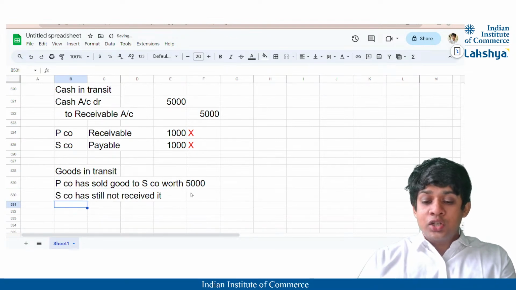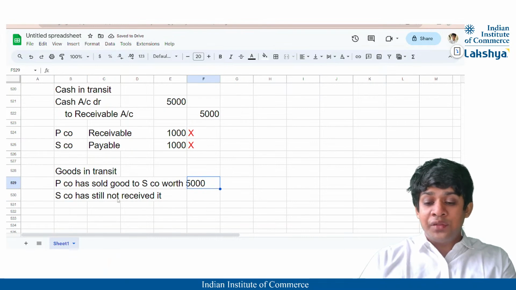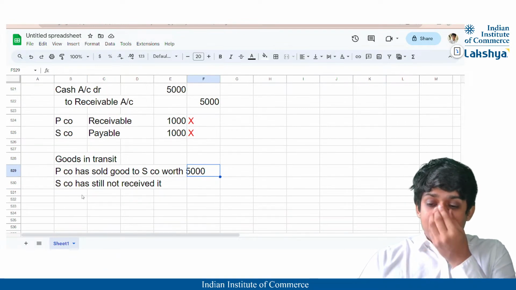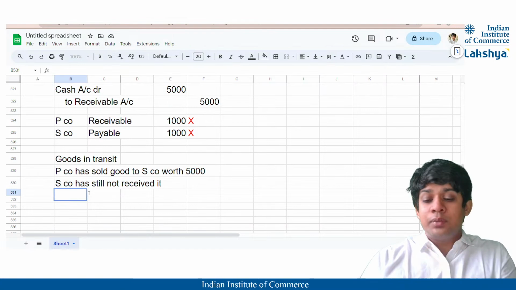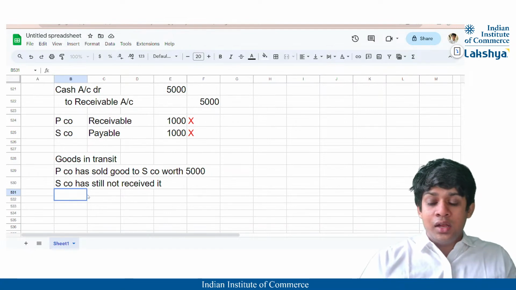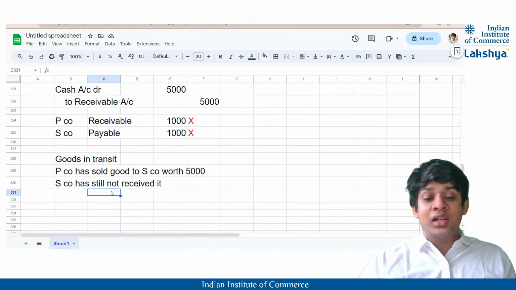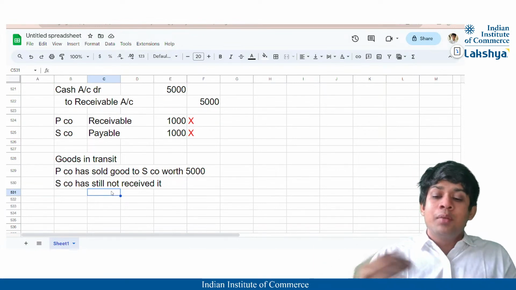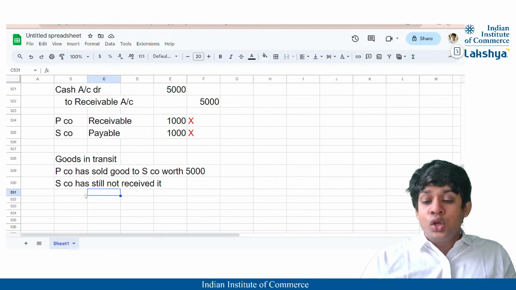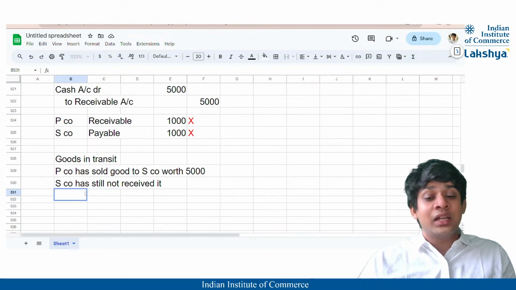So that means it should be received and it should be added to the inventory. So if it should be received and added to the inventory, what will we do? We are assuming that goods which are in transit, which the parent company has sold to the subsidiary but the subsidiary has not received, we will make an adjustment assuming that the inventory is already received.